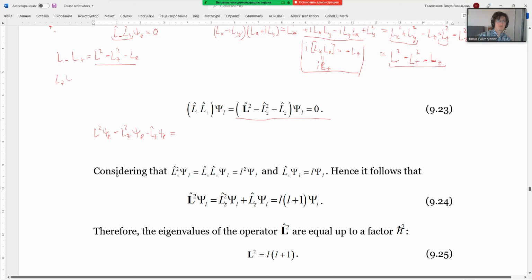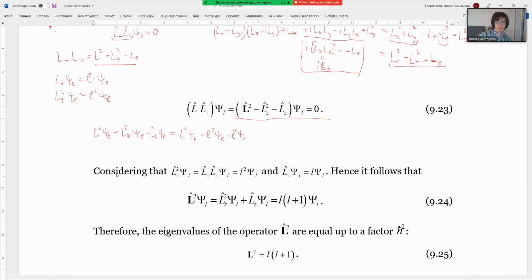We know that Lz psi L equals L times psi L, and in the same way Lz squared psi L equals L squared psi L. So what we get is L squared psi L minus L squared psi L minus L psi L, and all this equals 0.